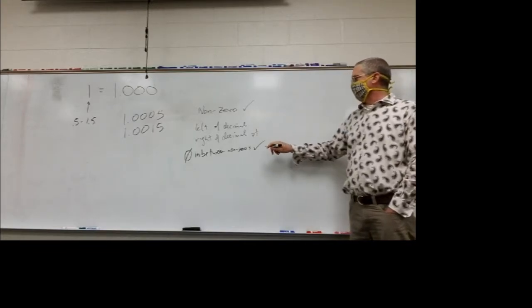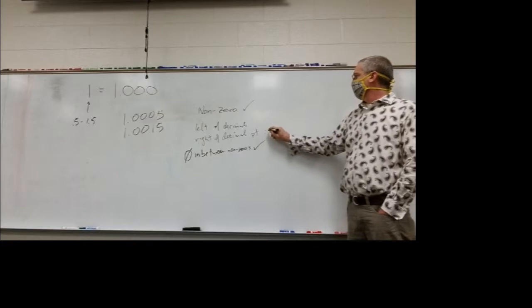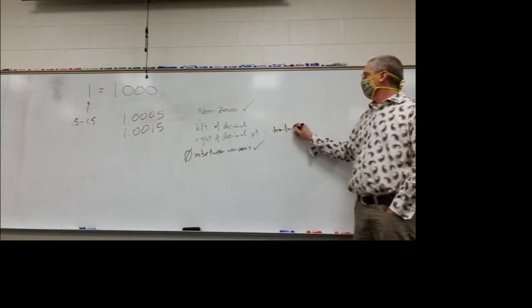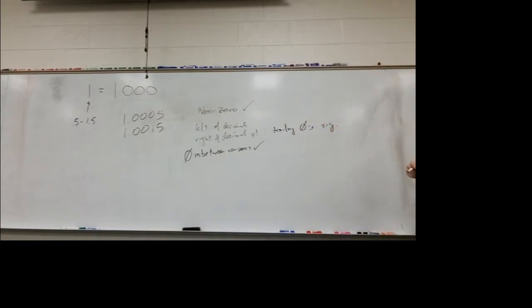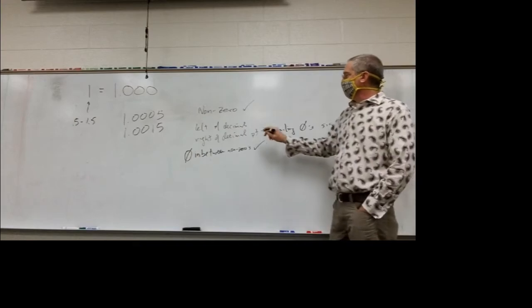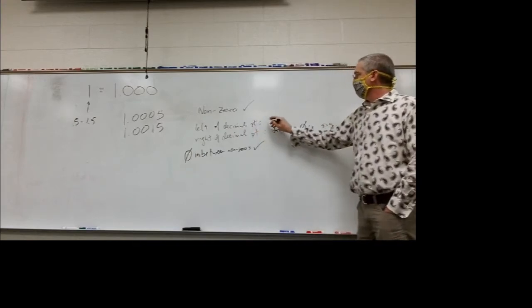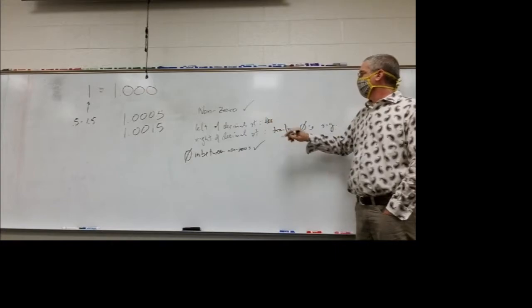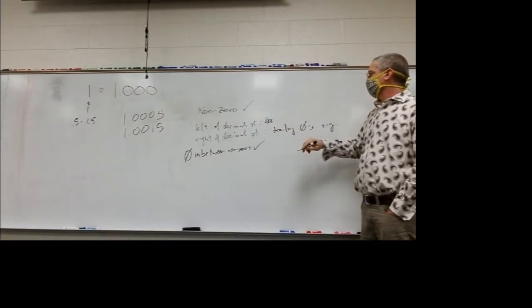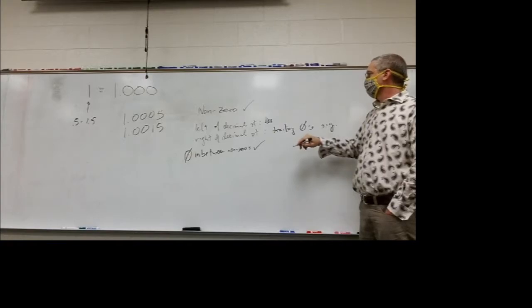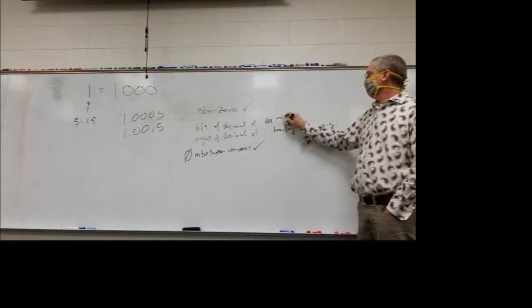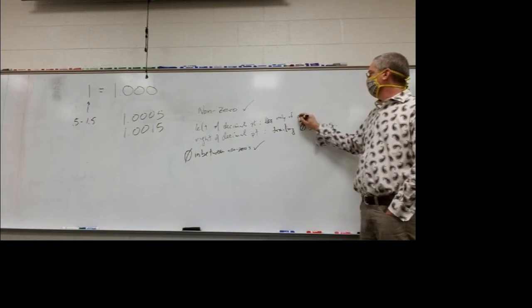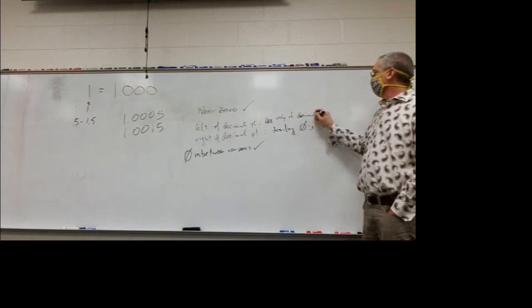If you're to the right of the decimal, trailing zeros are significant. Left of the decimal, not significant unless there's a decimal point.